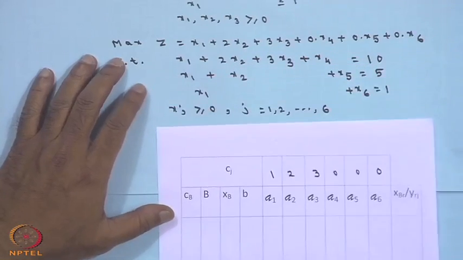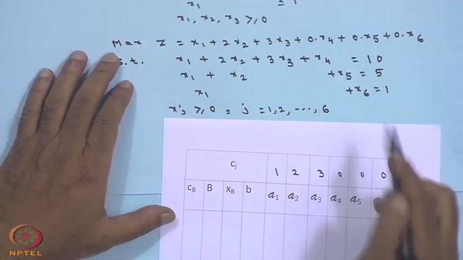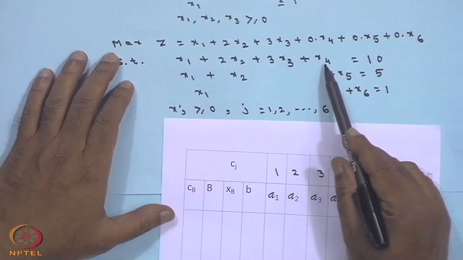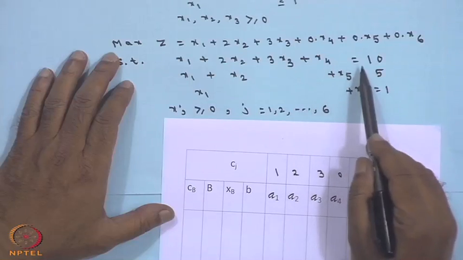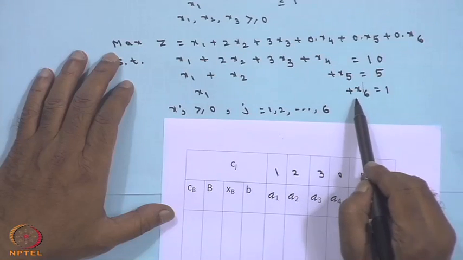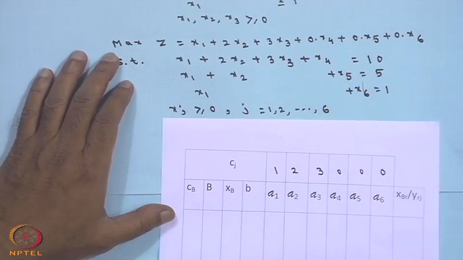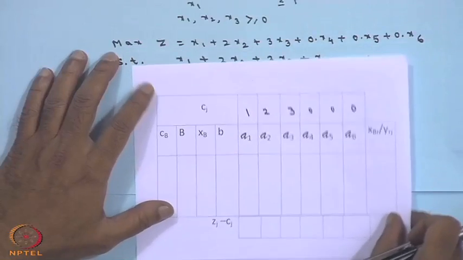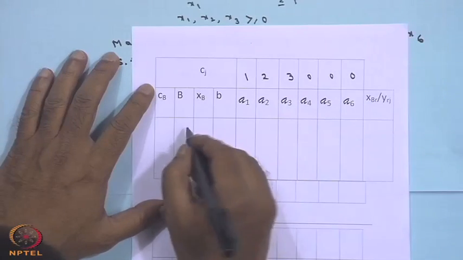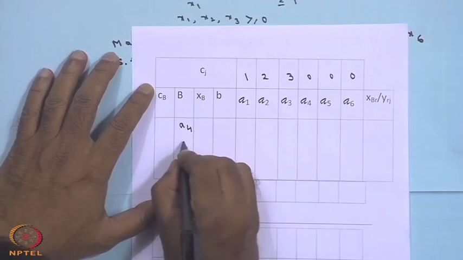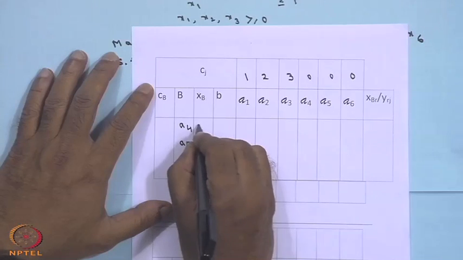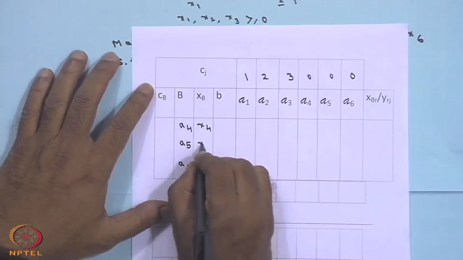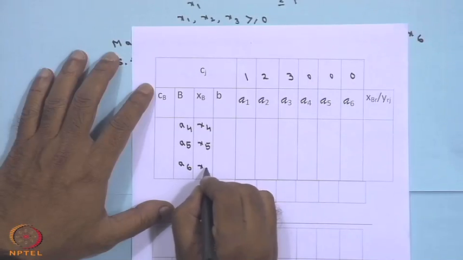One thing I forgot to tell you: the basis vectors will be A4, A5 and A6, because they form the identity matrix over here, whereas the basic variables will be x4, x5 and x6.